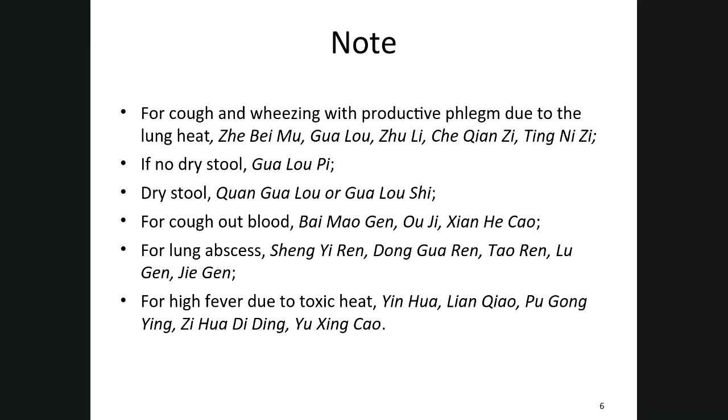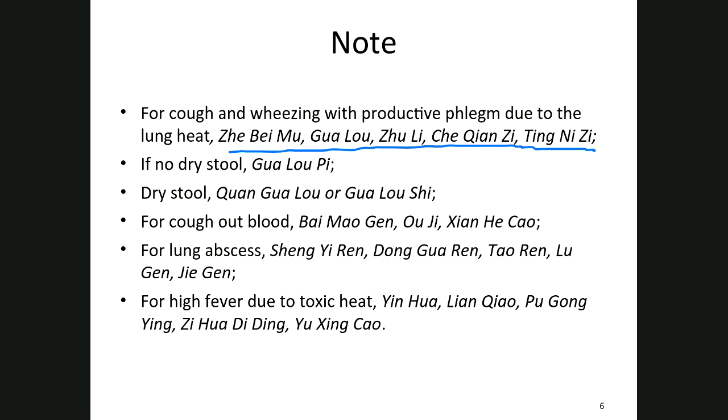And this slide is also in your today's My Class message. There's a note: for cough and wheezing with predominant productive phlegm due to lung heat, you can possibly add 贝母, 瓜蒌, 全瓜蒌, 车前子 to help resolve the damp heat in the lung and resolve the phlegm. If there's no dry stool, you can use 瓜蒌皮.